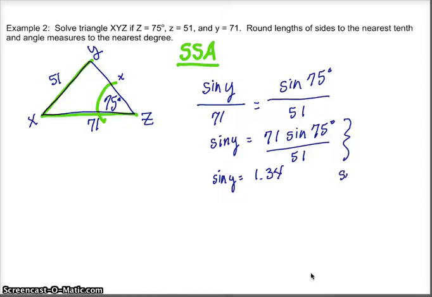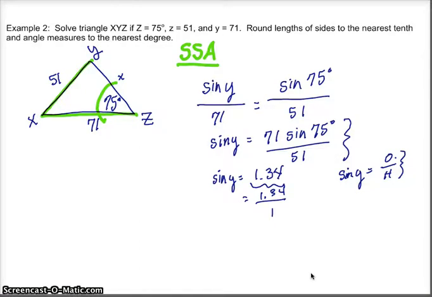Recall that sine of any angle is equal to the opposite leg divided by the hypotenuse. So this ratio should be less than 1, because an opposite leg cannot be greater than the hypotenuse. Because this value, 1.34, is greater than 1, we're trying to make the leg longer than the hypotenuse.